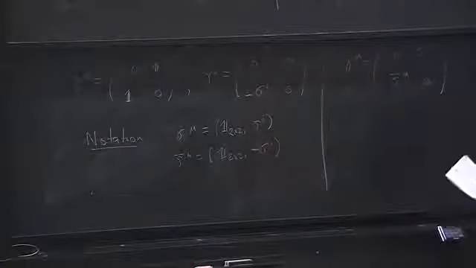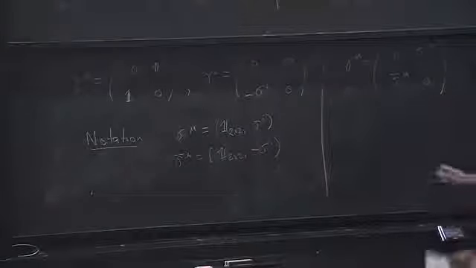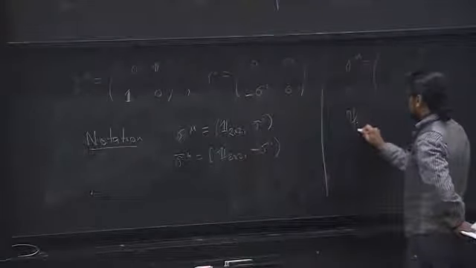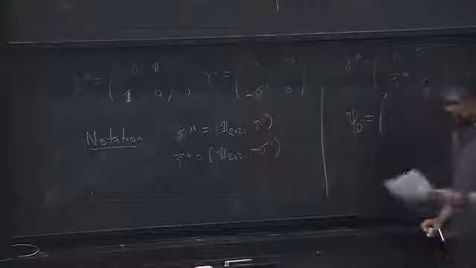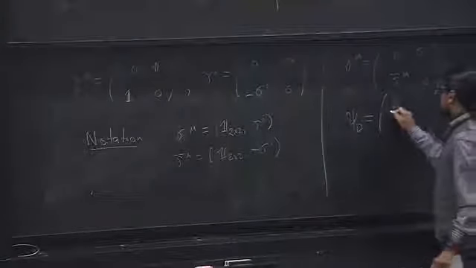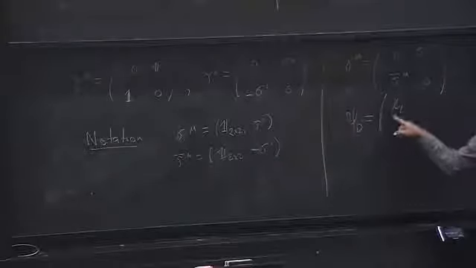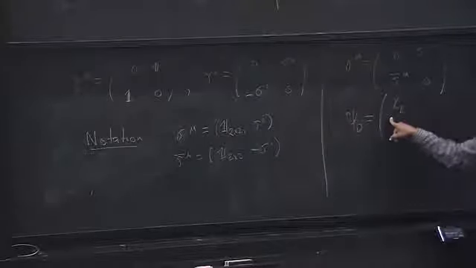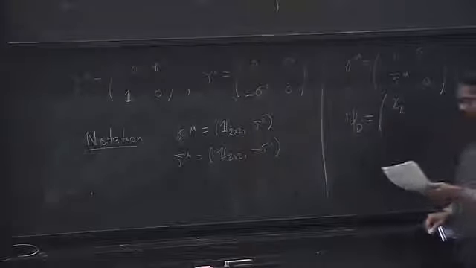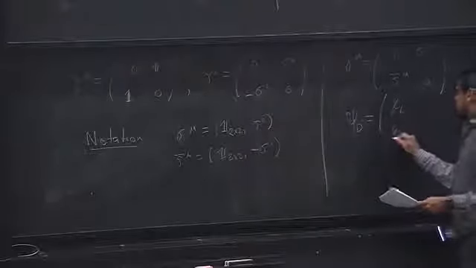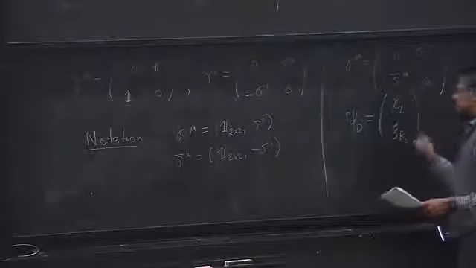Now, in the Weyl basis, a Dirac spinor has this form. Its upper 2 components is a left-handed Weyl spinor, and its lower 2 components is a different right-handed Weyl spinor.